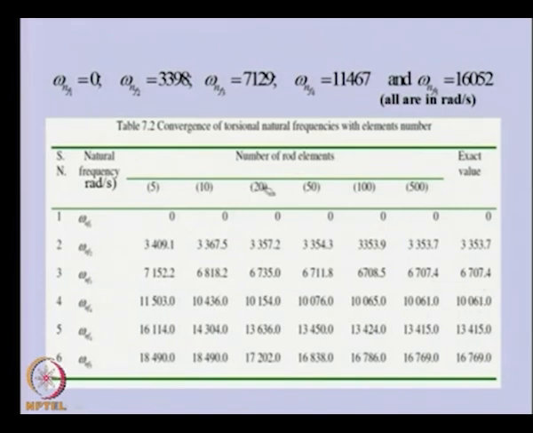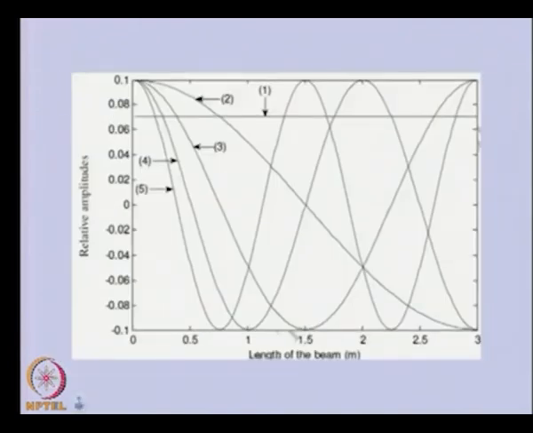So this is the convergence study. As we increase the number of elements, if there is not much change in the natural frequency, we can assume that we have achieved convergence. And these are the mode shapes which we can plot. For the first mode, this is the rigid body mode. Second mode is this one.